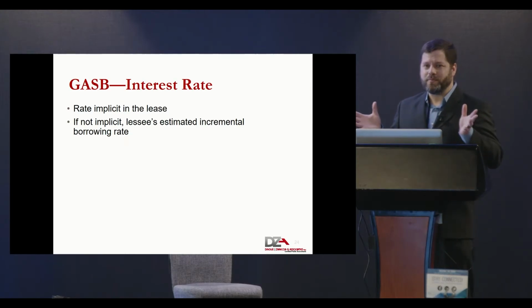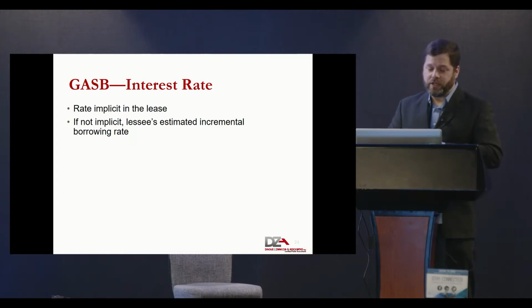If neither of those is possible and you just can't figure it out, you do have the option of using your incremental borrowing rate. So you would have to determine, if you were to borrow this money from whatever your best option for borrowing is, if it's the local bank or whatever it is, what interest rate would they charge?